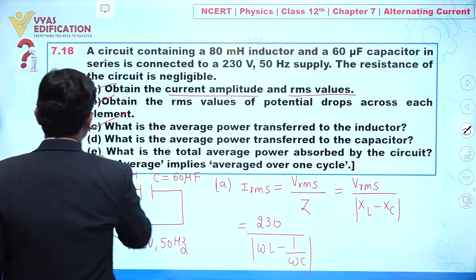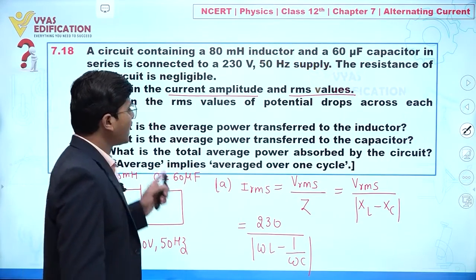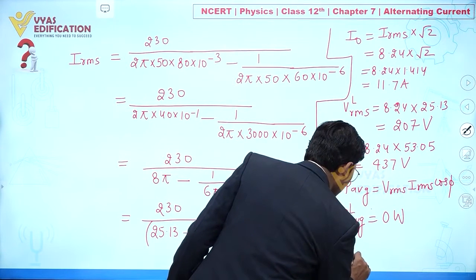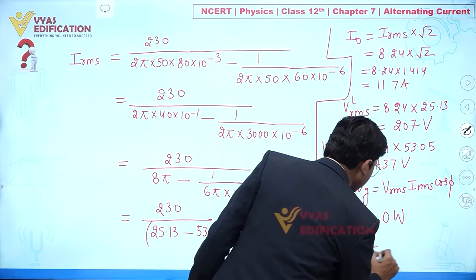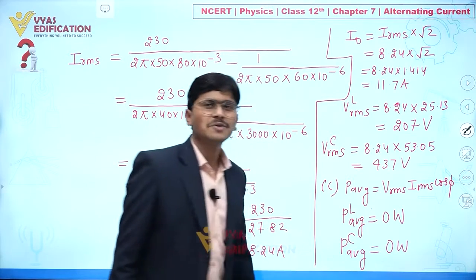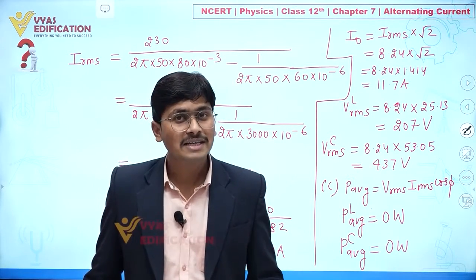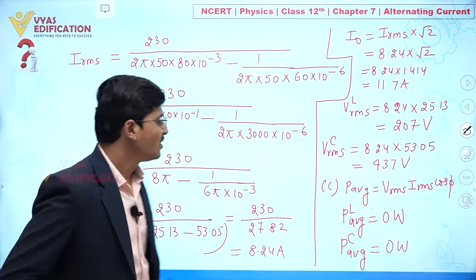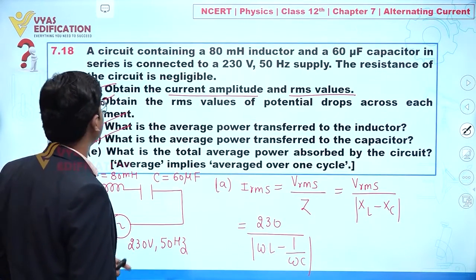Now part D: what is the average power transfer to the capacitor? The average power transfer to the capacitor is also 0. Why? Again, the voltage lags behind the current by an angle pi by 2, so the average power is 0.